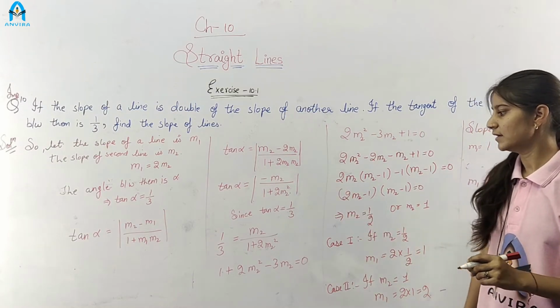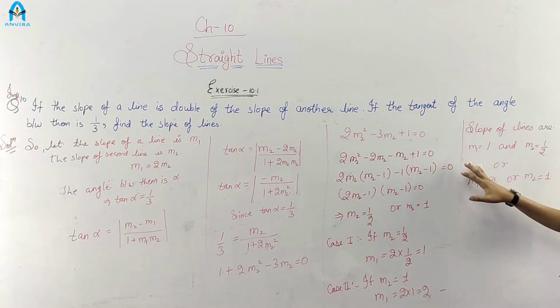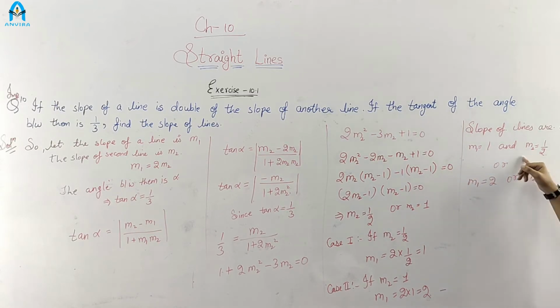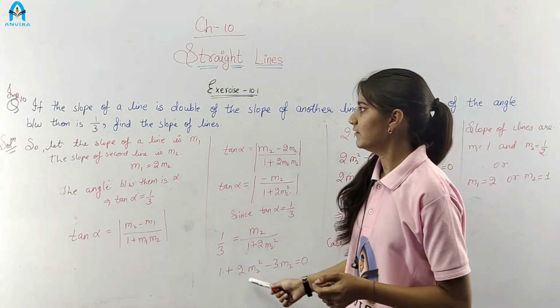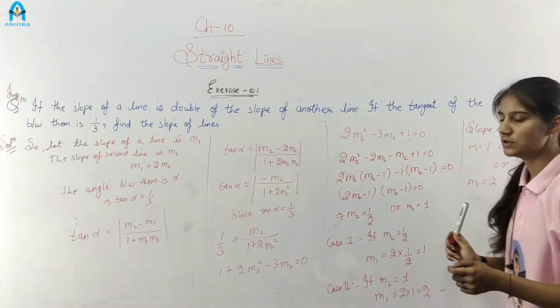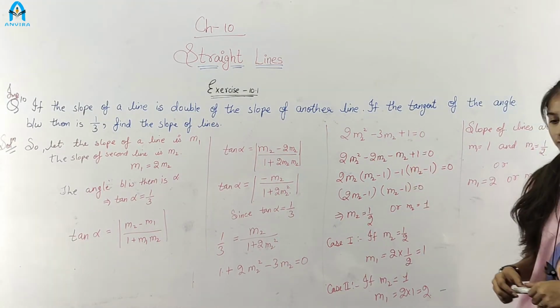So we can get that if m2 is equal to half, then m1 is equal to 1, and if m2 is equal to 1, then m1 is equal to 2. The slopes are double to each other, and we will find the slopes of both the lines. Now let's take a screenshot of this.